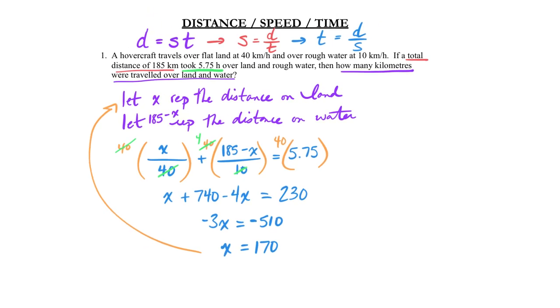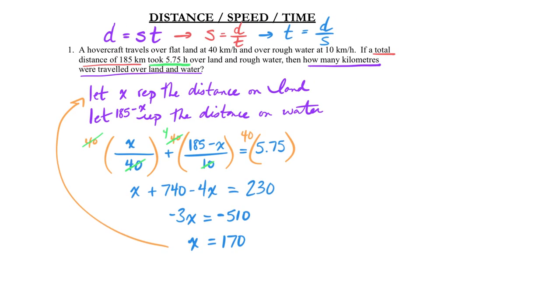Now, I do not need to see you go through and then say sub x equals 170 into 185 minus x. You should be fine that once you find x, your next statement, which really is a then statement, you can use that to find your own water.